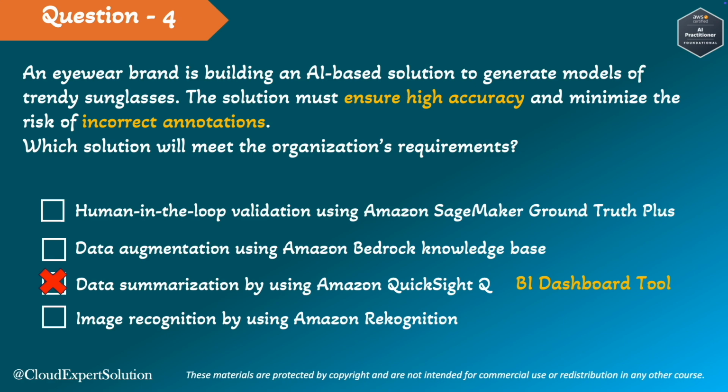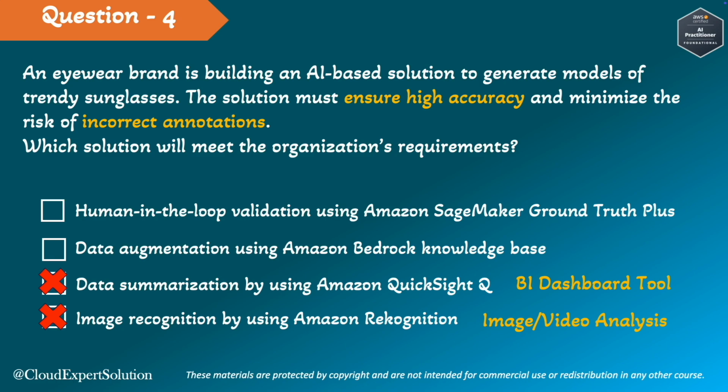Next is option 4. It talks about image recognition by using Amazon Rekognition. Amazon Rekognition is a powerful tool for image and video analysis, but it does not provide a mechanism for human validation of annotation. Without human-in-the-loop validation, there is a higher risk of incorrect annotations. Hence, Amazon Rekognition is not the correct option for us. Now let's move to the second option, data augmentation using Amazon Bedrock knowledge base.